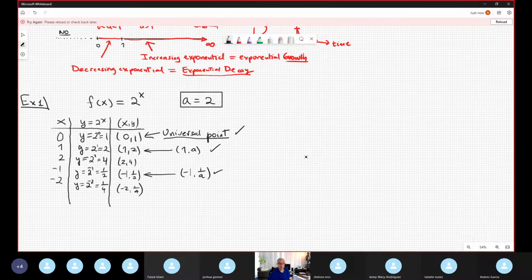Suppose the first property, domain. Let me call it properties of exponential. But not all exponentials. Only f of x equals a to the x power, and a is greater than 1.